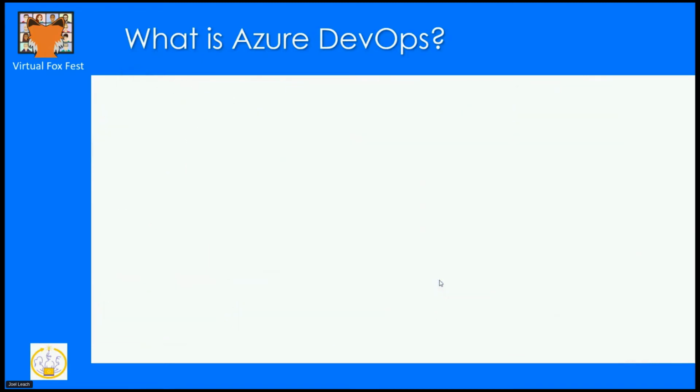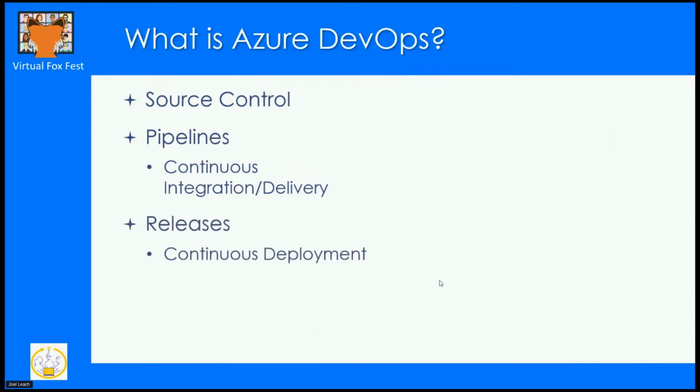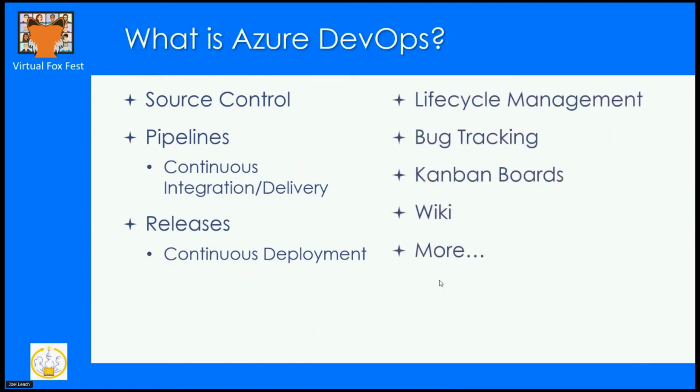Why don't we try this again? What is Azure DevOps? And I'll just list a few of its features. It provides repositories for source control, pipelines for continuous integration and delivery, and releases for continuous deployment. Now, those are the things we care about for this session, but there is a slew of other features that you may or may not be interested in.